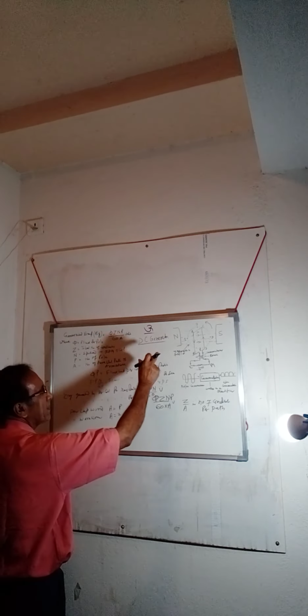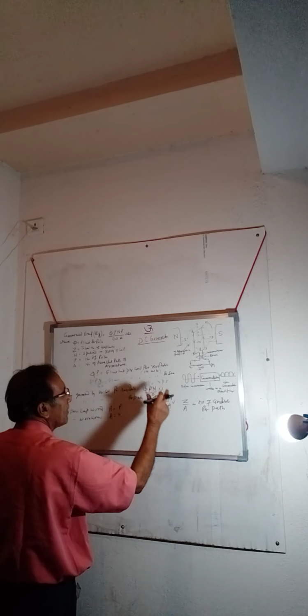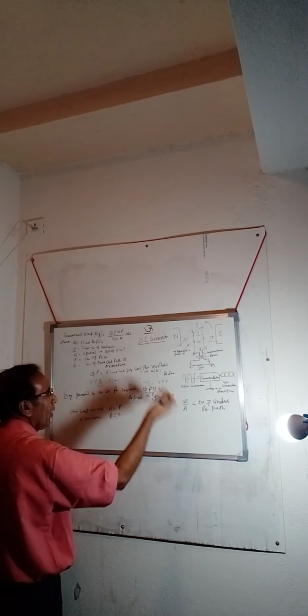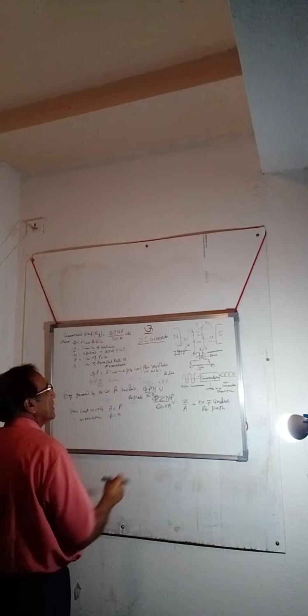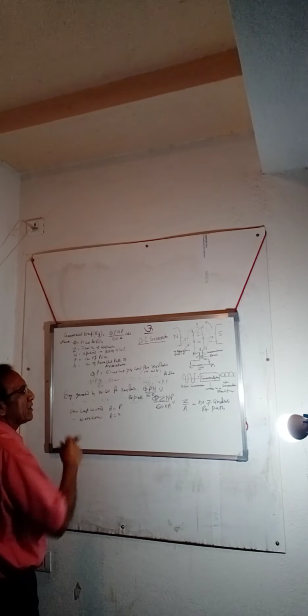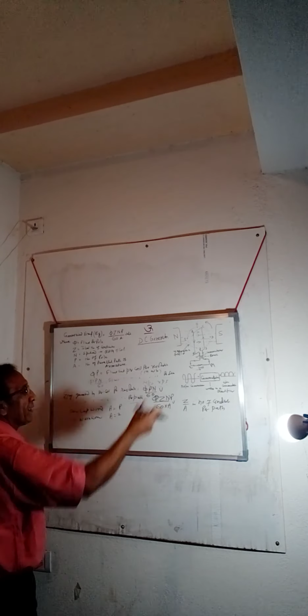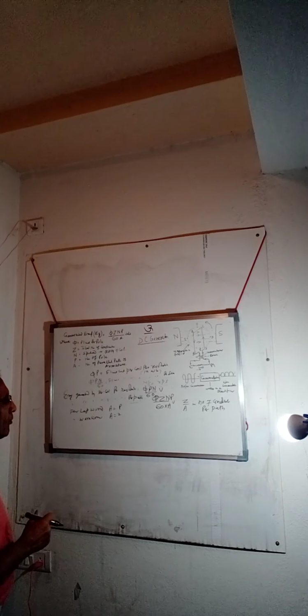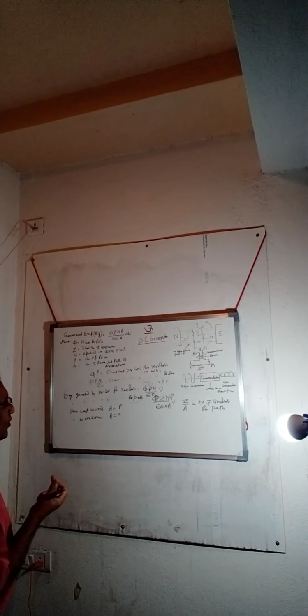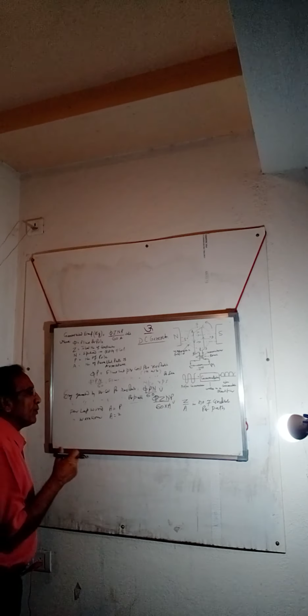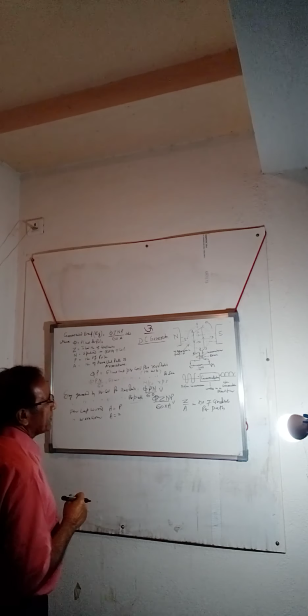The efficiency of DC generators becomes low due to the losses, because the energy produced in the DC generator is in the form of current, and the variable loss is proportional to the square of the current.